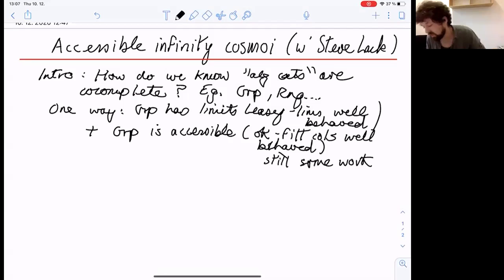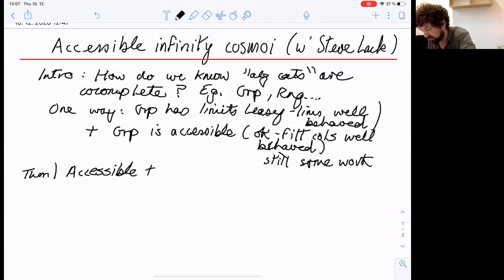But anyway, once we have that, there's a nice theorem: accessible plus complete, meaning having limits, implies co-complete.